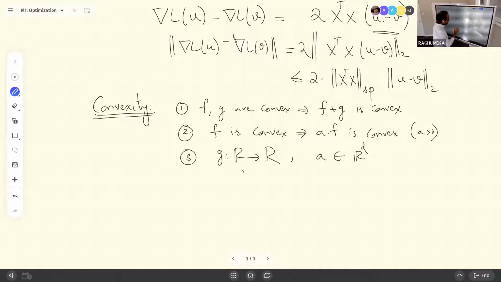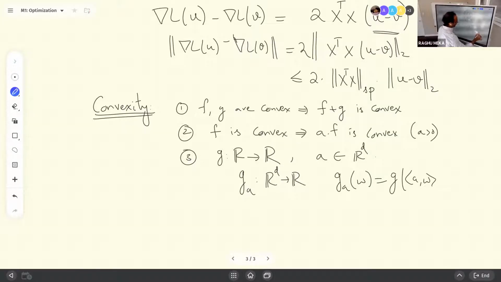Now I define a function g_a in the high dimensional space, where g_a of w is g of the inner product a comma w. I have a univariate function, I take the inner product in high dimensional space and then apply the univariate function.